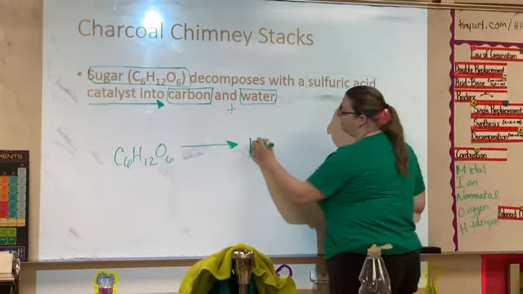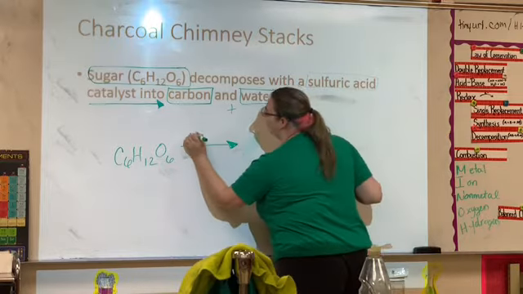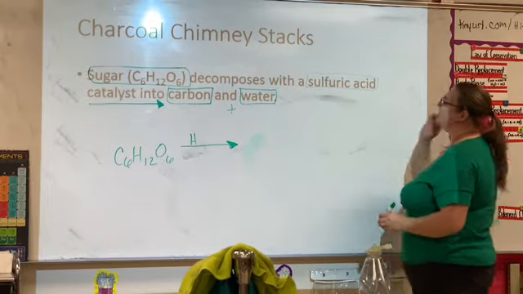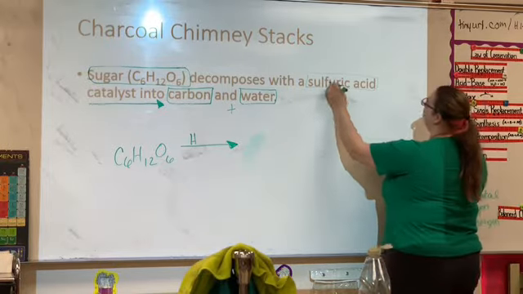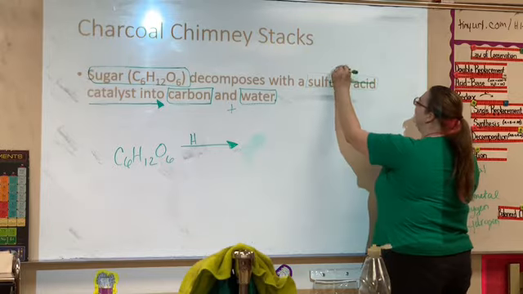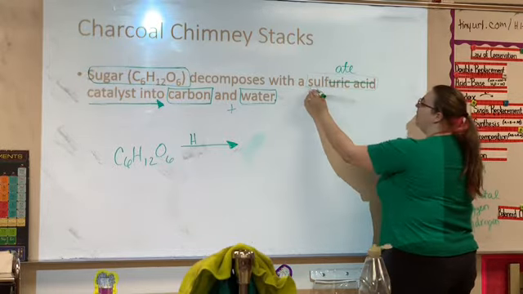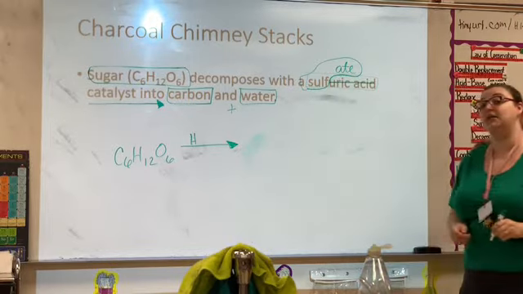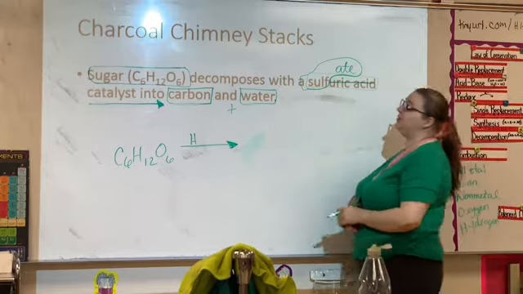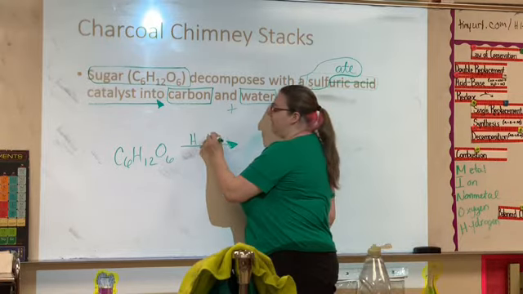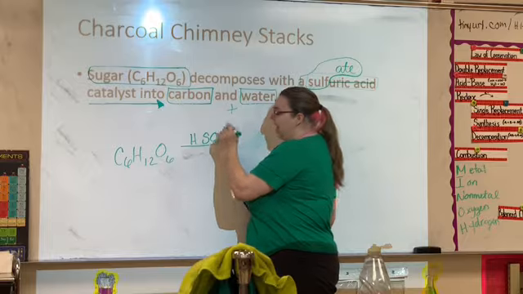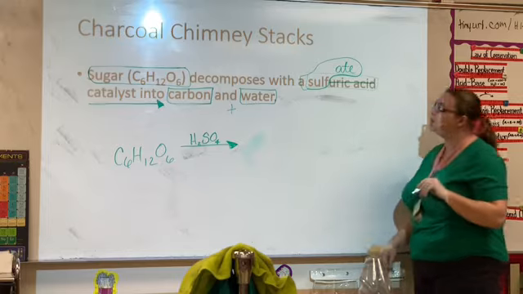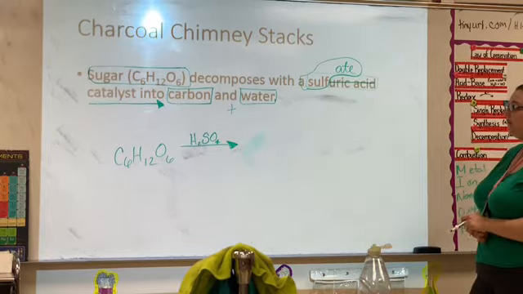So we're going to put an H on the arrow, because all acids start with H. And then this is an ic acid, so we change the ending ic to ATE. That means we need to find the polyatomic ion sulfate on our polyatomic ions chart. Sulfate is SO4, and it has a 2- charge, and that 2 is going to go on the hydrogen. So the formula for sulfuric acid would be H2SO4.